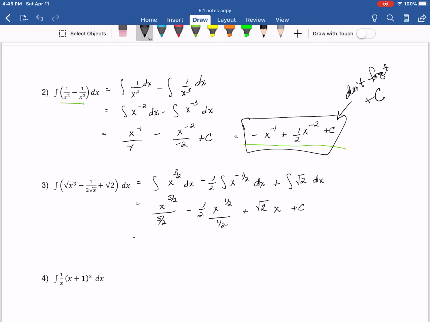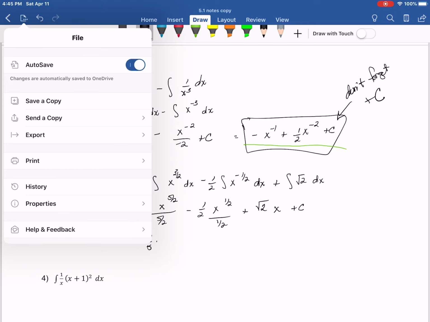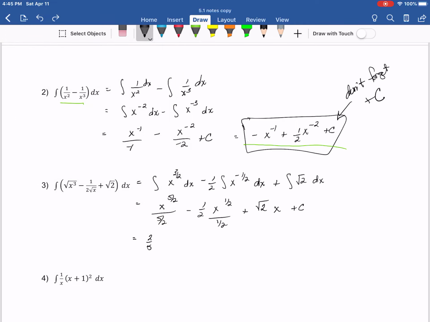All right, simplify just a little bit here. Dividing by 5/2 is the same thing as multiplying by 2/5. Dividing by 1/2 is the same thing as multiplying by 2/1.